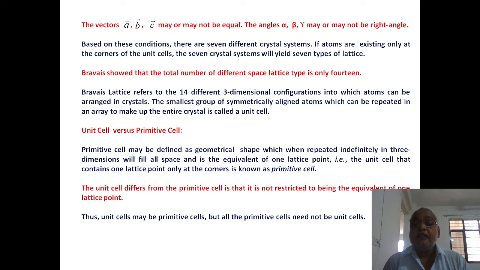If atoms exist only at the corners of the unit cell, the seven crystal systems will yield seven types of lattice. Bravais showed that the total number of different space lattice types is only 14.